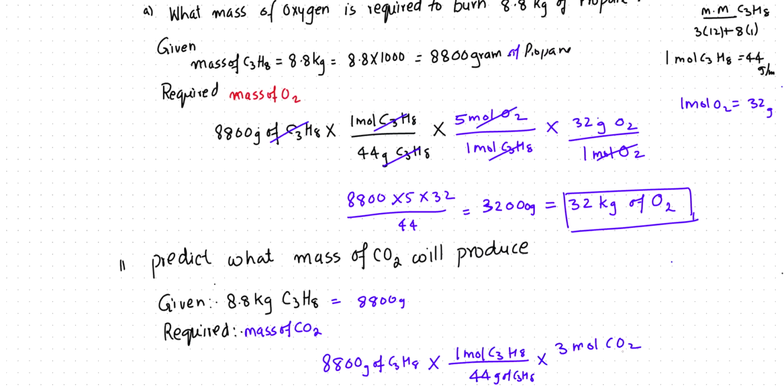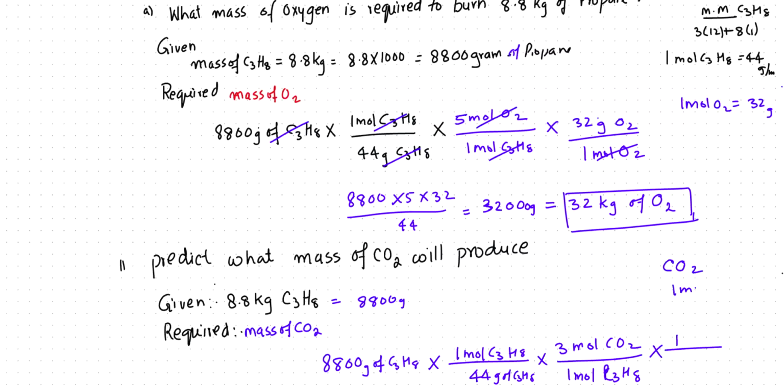This is the mole ratio, C3H8. So now the answer we are getting is moles of CO2. They are asking what mass of CO2. So moles again we convert into mass, multiply by, so 1 mole of CO2 equals the molar mass of CO2, carbon plus 2 oxygen.